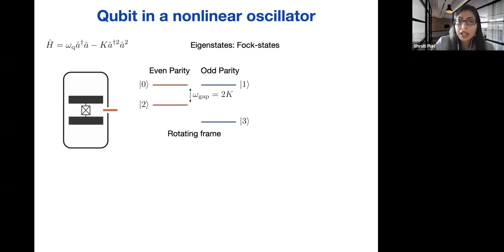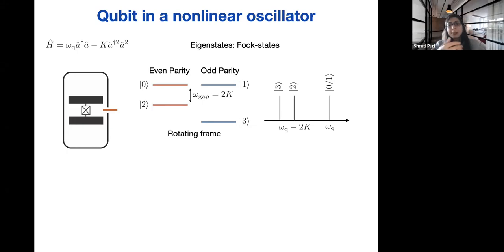Okay, so now the Fock states 2 and higher are separated from the 0 and 1 states by an energy gap. And so you can use the 0 and 1 states to encode a qubit. Now, if you do a spectroscopy of this transmon or this junction, you will see that if you apply a drive at omega q, then you will cause transitions between 0 and 1.